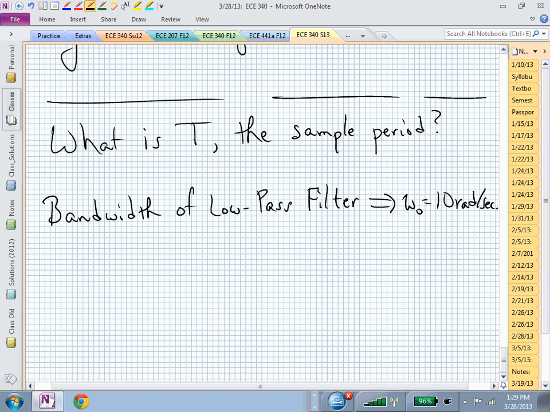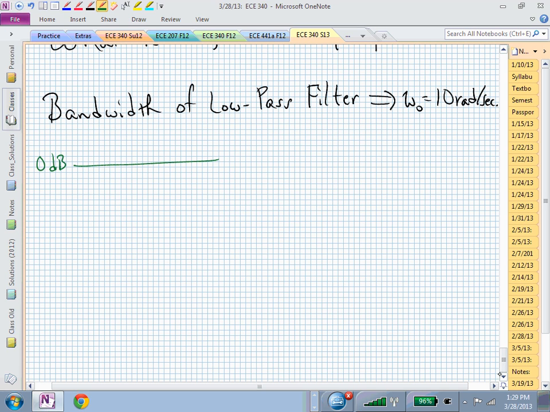Meaning, if we now needed to sketch this as a Bode plot, we would be flat until where? And then we're going to go down how far, or at what rate?